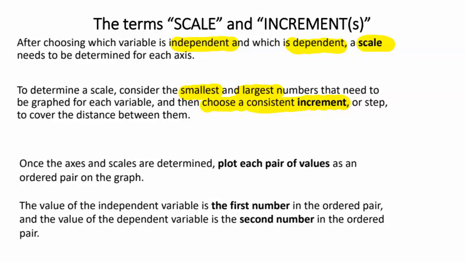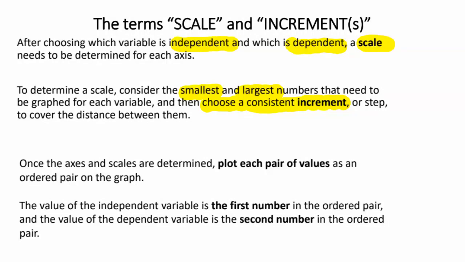I'm only going from 0 to 30. I want to make sure that I have consistent, equal increments. And normally 5s, 10s, sometimes we could have done 3, 6, 9, 10, all the way up to 30. That would work, but it's your choice.